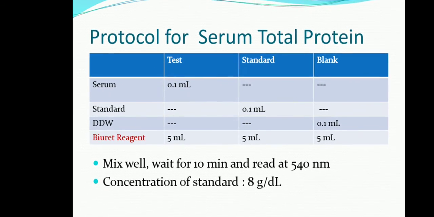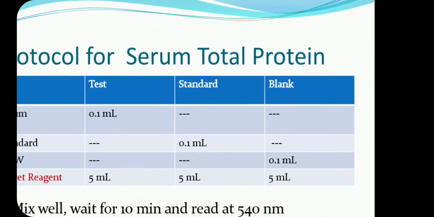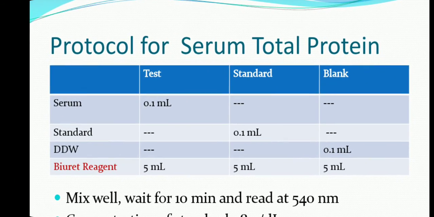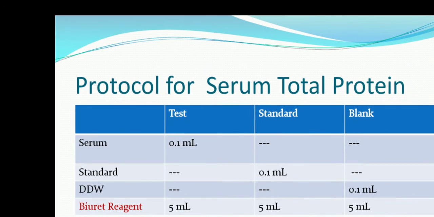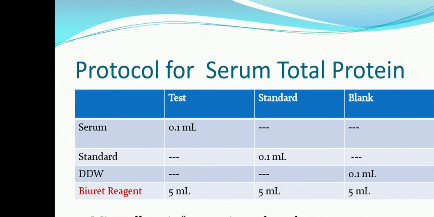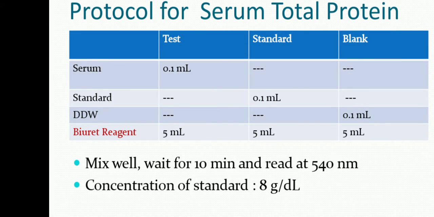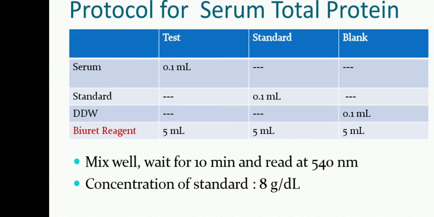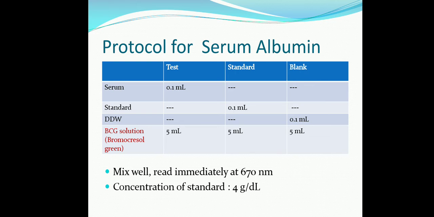The test contains 0.1 ml of serum and 5 ml of biuret reagent, whereas standard contains 0.1 ml of standard and 5 ml of biuret reagent, and blank contains 0.1 ml of double distilled water and 5 ml of biuret reagent. Mix these well, wait for 10 minutes and read at 540 nm. The concentration of the standard is generally 8 gram per deciliter.